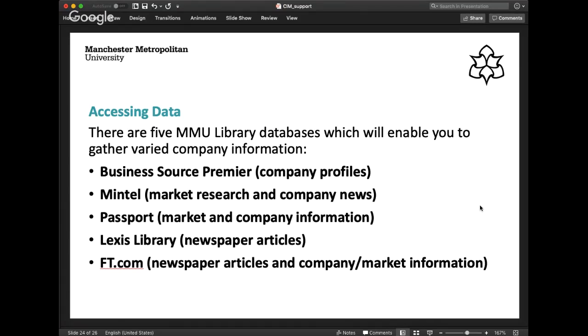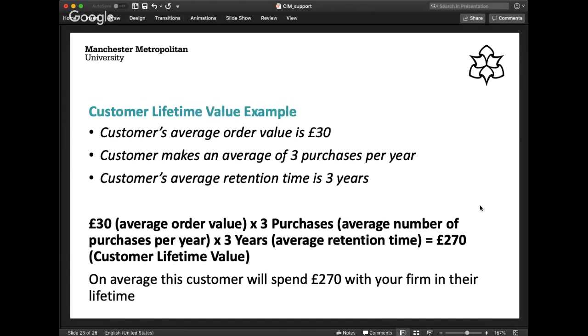We'd advise you to also look at Mintel, and Passport. Lexis Library is where you get really good quality newspaper articles. I would advise you to go through Lexis Library specifically to the Financial Times, and look at what the Financial Times is writing about your organisation and get some more organisation and market information there, because that's always pretty relevant and pretty up to date.